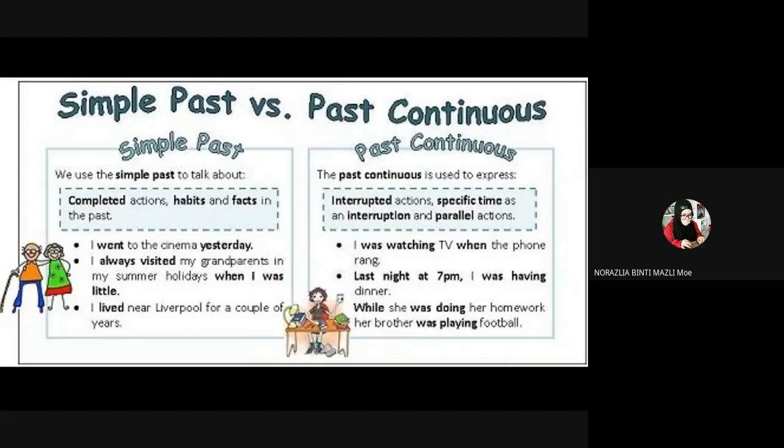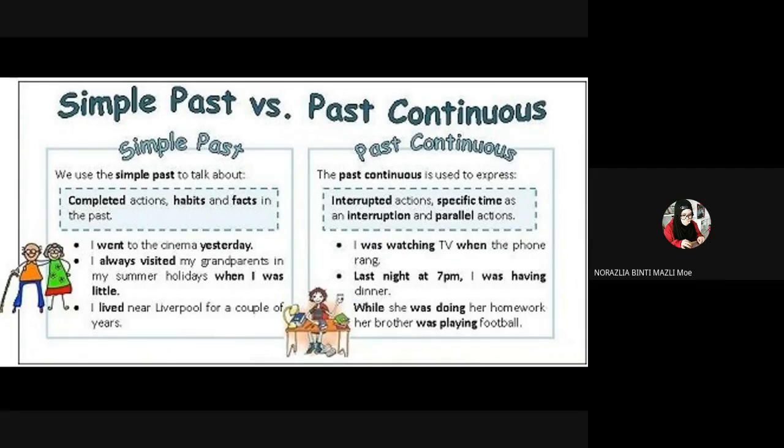This one would be for you to understand the differences between simple past and past continuous. So we use simple past to talk about completed actions, habits and facts in the past. Completed, ya, the word is completed. Maksudnya dah tamat, dah habis dah. Okay, for example, I went to the cinema yesterday.